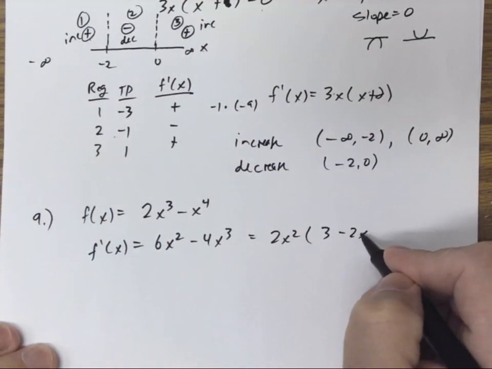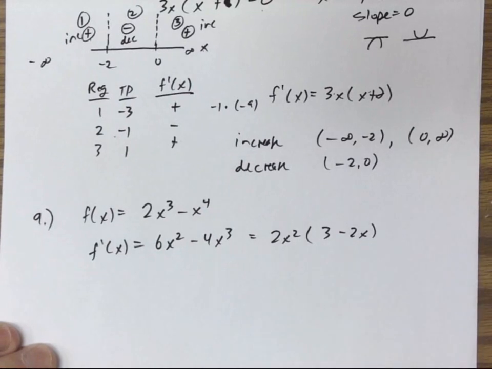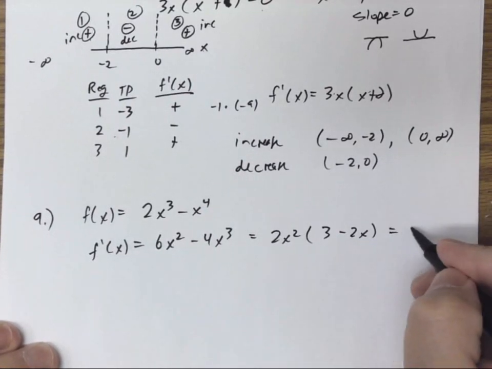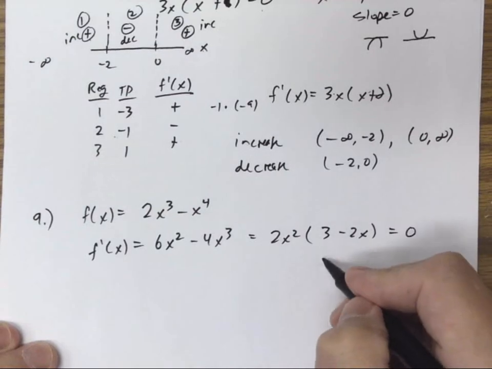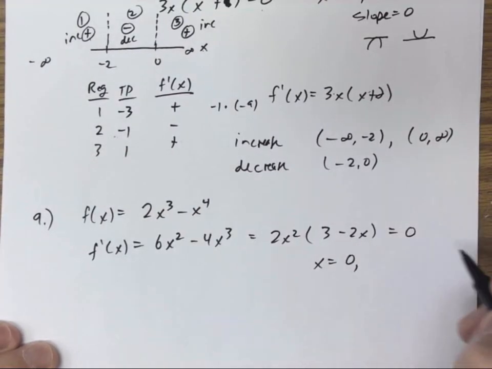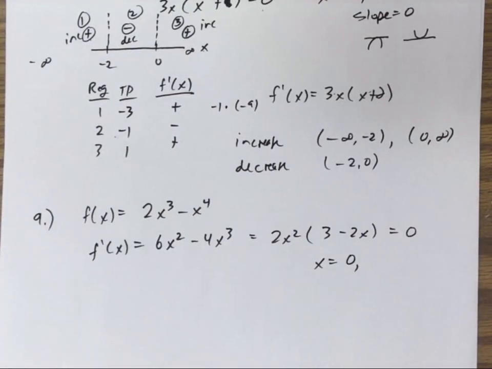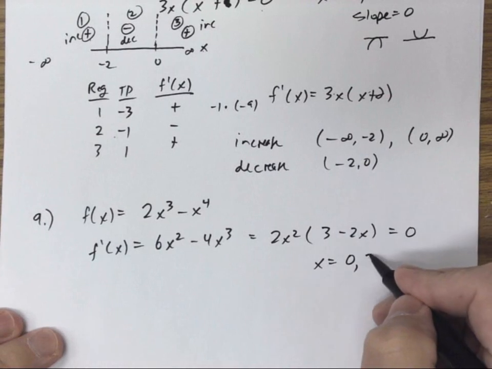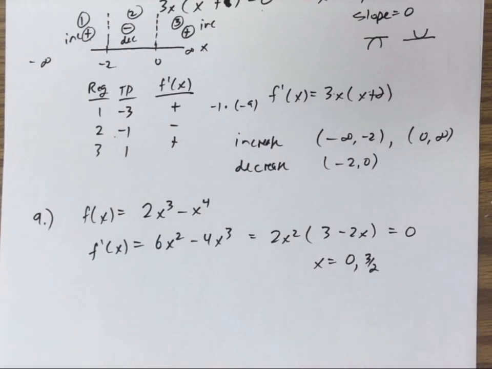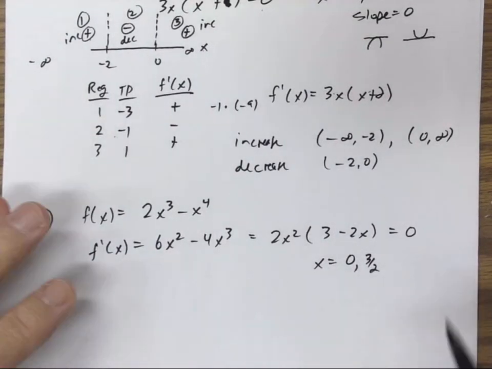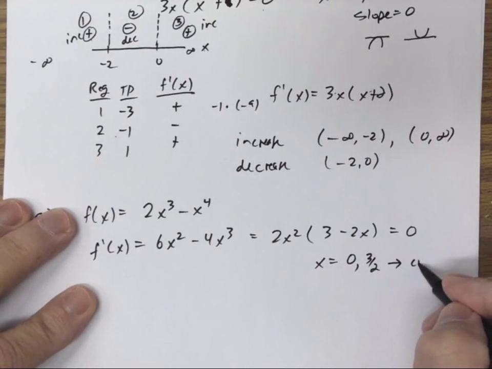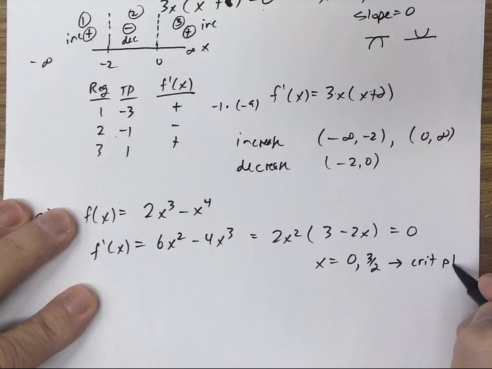3 minus 2x. So now to find the critical points, set that equal to 0, and you solve for it, and it looks like the solutions would be x equals 0 and x equals 3/2. So those are my critical points.